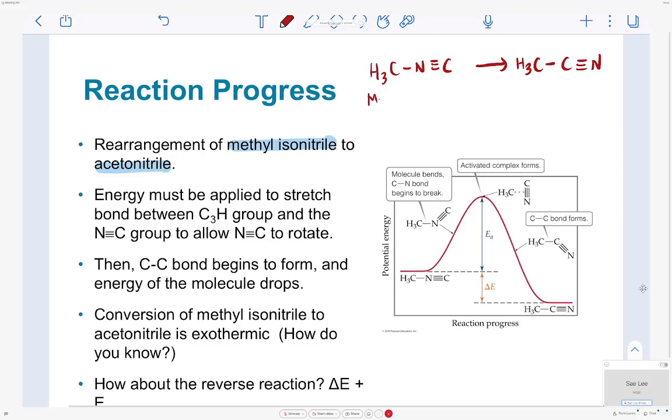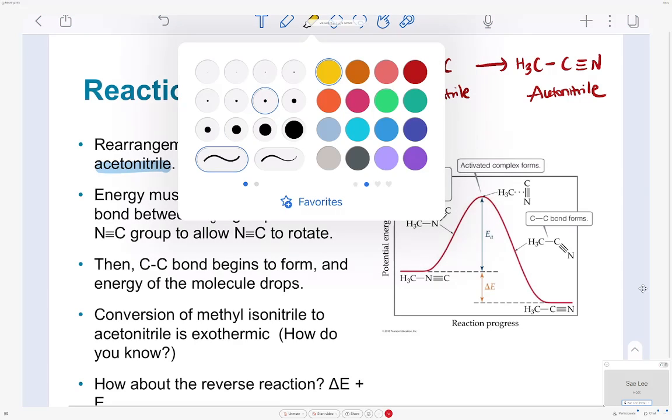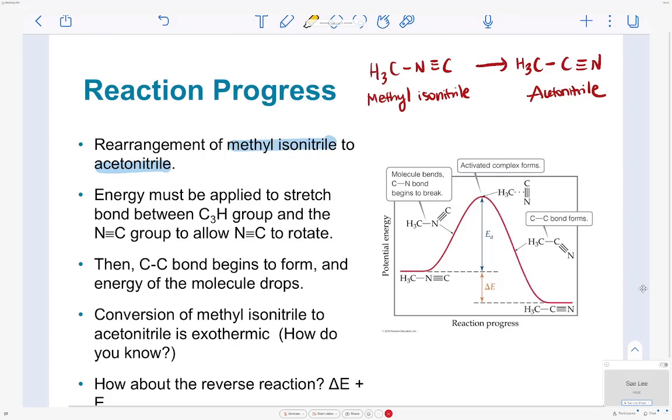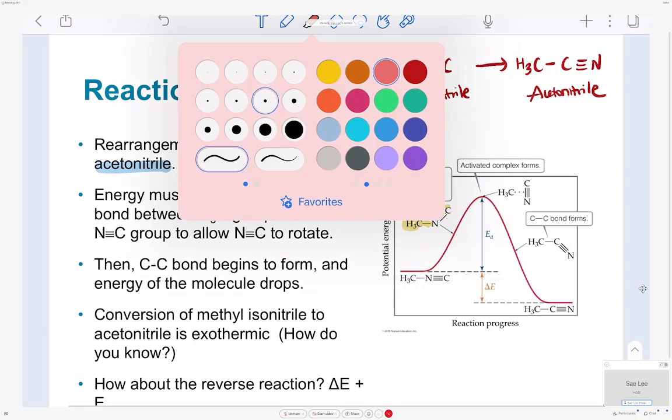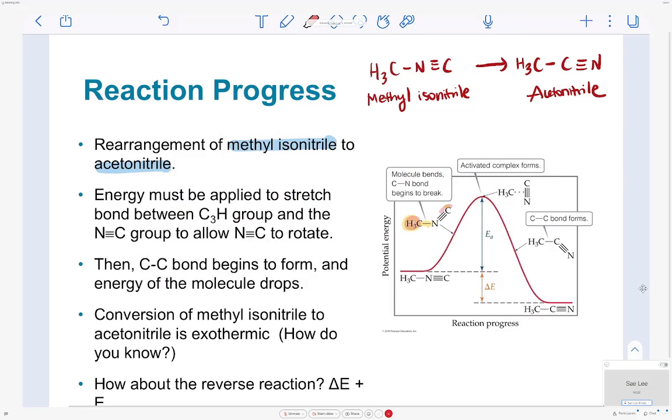The diagram shows that the energy must be supplied to stretch the bond between this CH3 methyl group and this cyanide group.